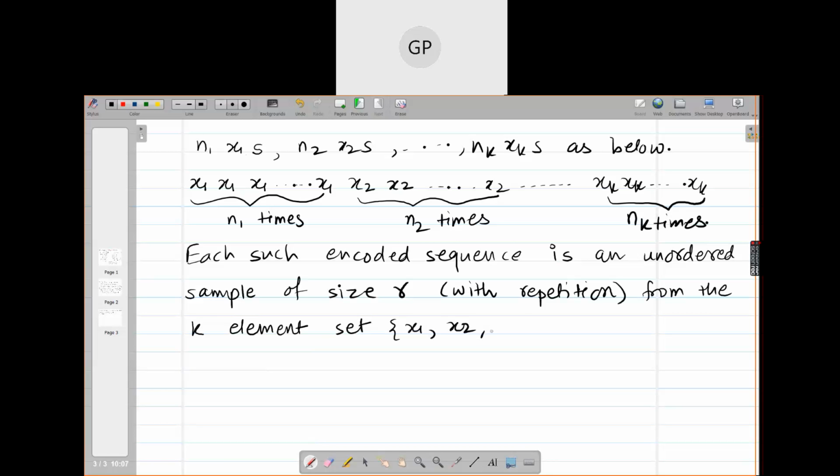We have k types of elements, right? You remember we had a similar result where we had combination with repetition, and in that we had a sequence of stars and slashes. Do you remember that proof?